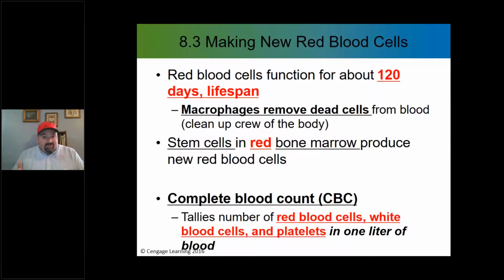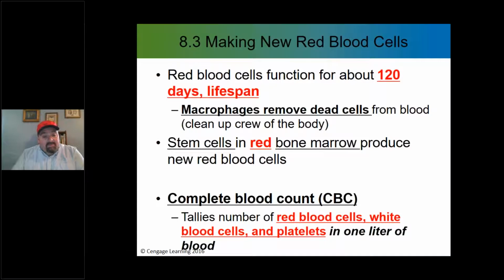And know that if there's a need for more blood cells and more red bone marrow, the yellow marrow can transition to red bone marrow.